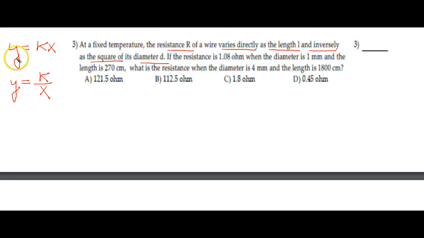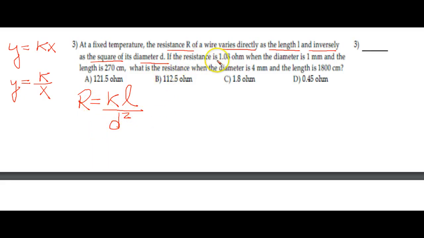So we can change the y to an R, the resistance. And again, we need our k times its length, which will be L, over its inverse, the square of the diameter. So there's your basic formula.